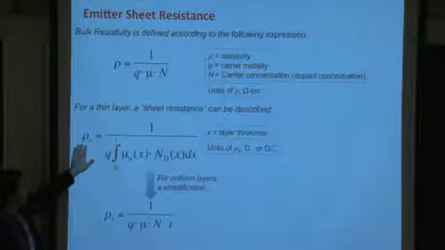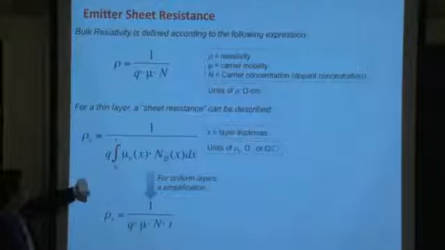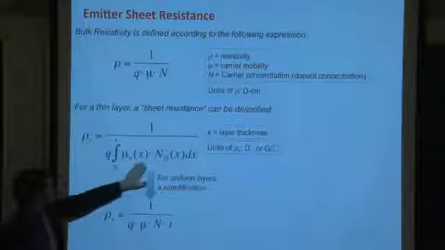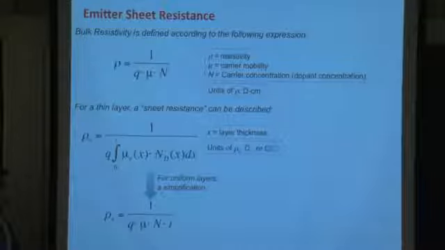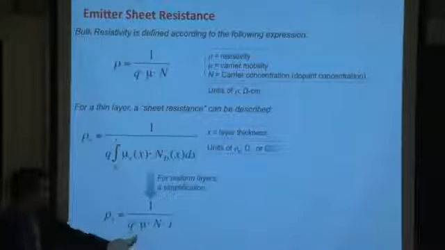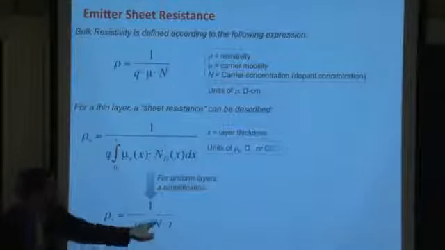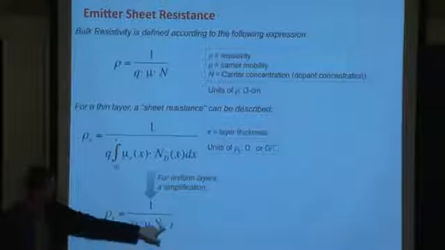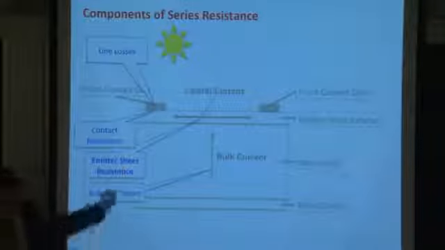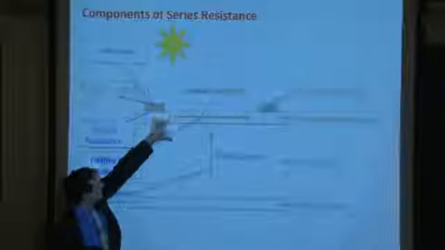For a thin layer, a sheet resistance can be described as the integral of the resistivity by the thickness of that layer. Or to put it more simply, if you have a uniform layer, you simply multiply the denominator here by the thickness. So this can be thought of in the following way. If we have a thicker emitter, we will be dropping the emitter sheet resistance.